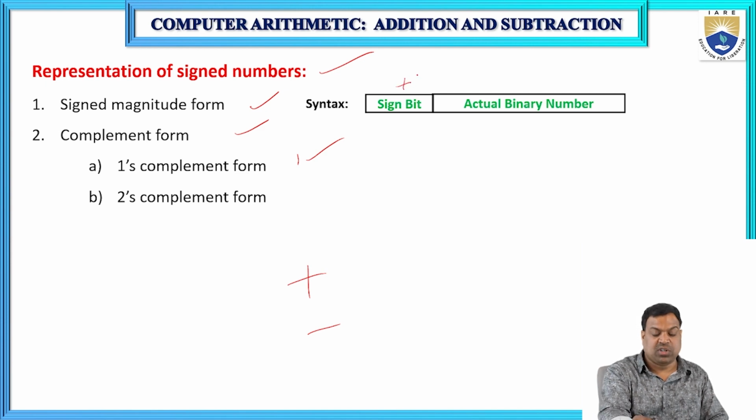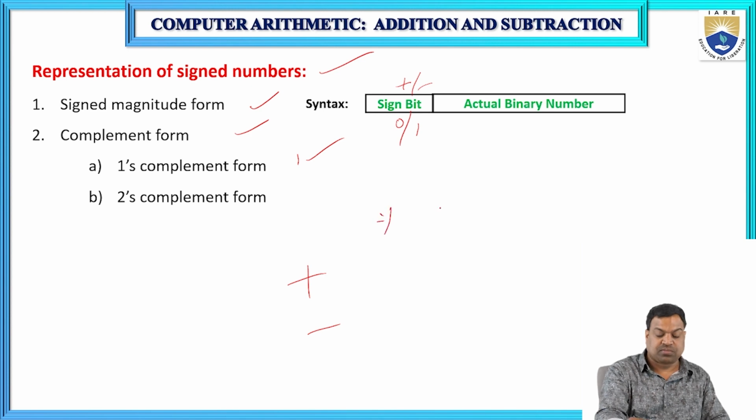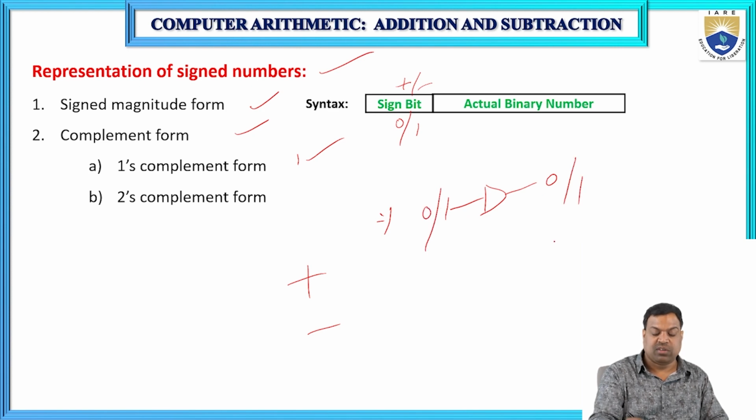If it is a positive value, I'm representing it with 0. If it is a negative value, I'm representing it with 1. One's complement means a NOT gate. If I give 1, the output will be 0. If I give 0, the output will be 1. So complement means A becomes A bar. That is the one's complement.